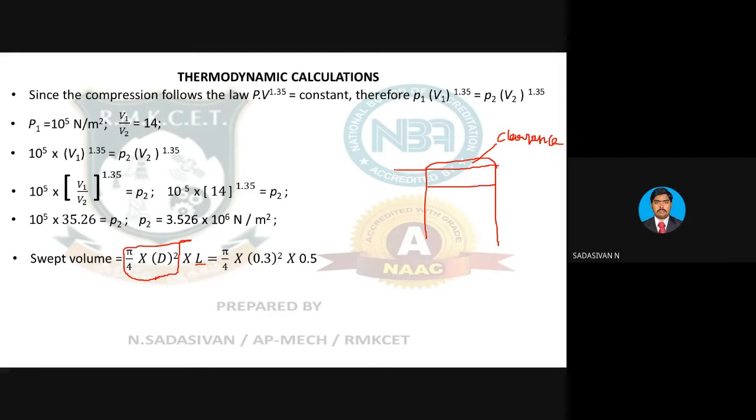The entire length, the capital L, that is π/4 D square L, is called the swept volume. This remaining small portion which is available for the gases to get trapped and get burnt, where fuel combustion takes place, the small zone above the piston after the piston reaches the TDC, is called clearance volume.